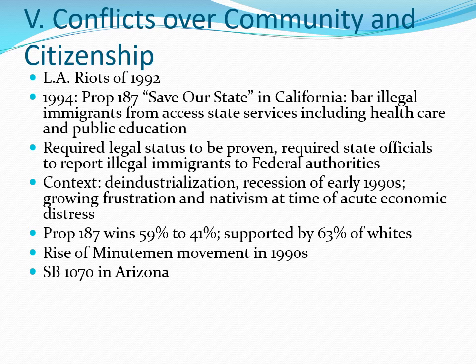SB 1070 was seen by Latinos in Arizona as a way of denying them recognition as being Americans. I mean, we're talking about Latino Americans who may be second, third, fourth, fifth generation Americans. They're just as American as anyone else, but they said we and only we are the ones going to be targeted. No one's going to ask a 65-year-old white guy to prove that he's really a citizen.